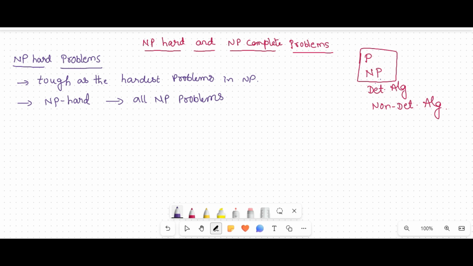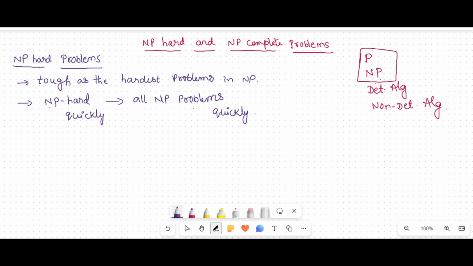I am repeating this point. If you are able to solve these NP hard problems quickly, that is in polynomial time, then you can solve all NP problems quickly.